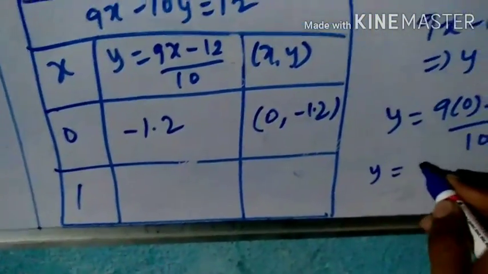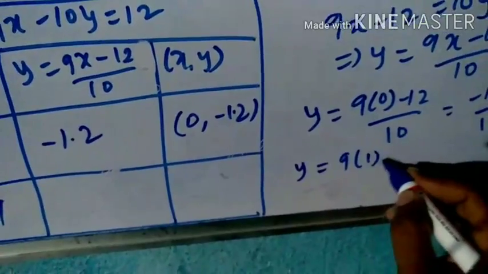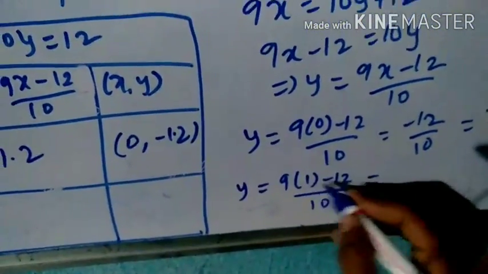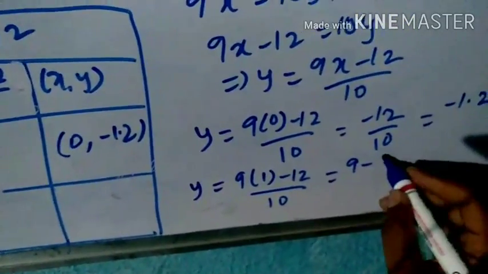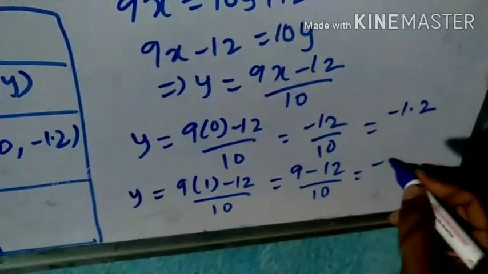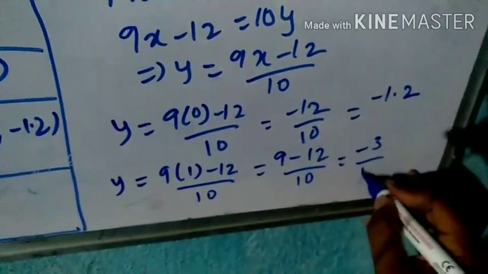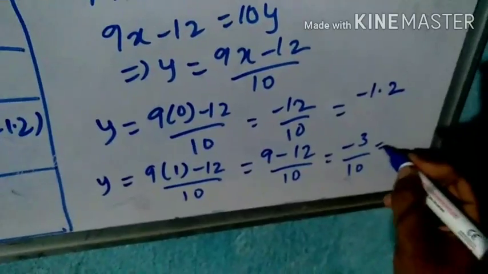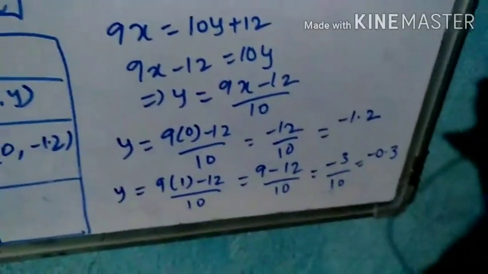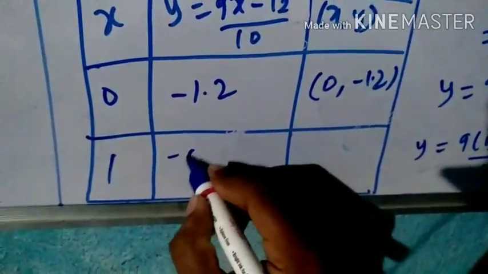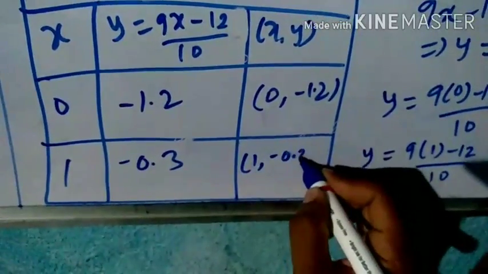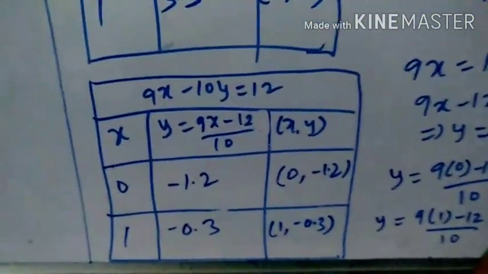Then y is equal to 9 into 1 minus 12 by 10. 9 minus 12 is minus 3 by 10, which is minus 0.3. The point is 1 comma minus 0.3.